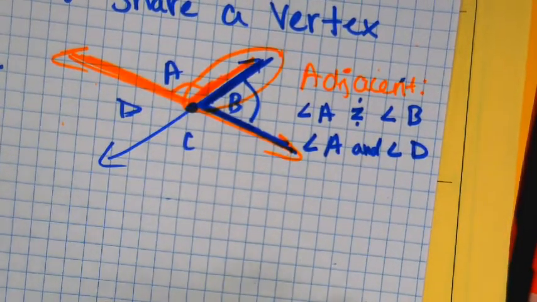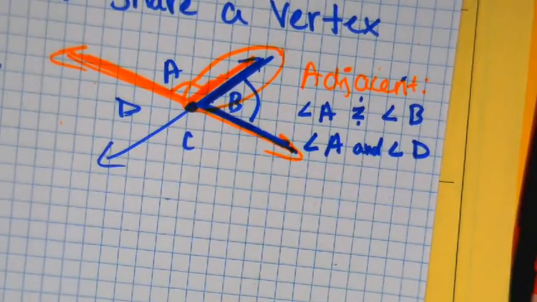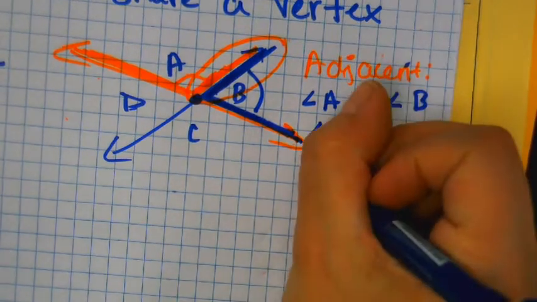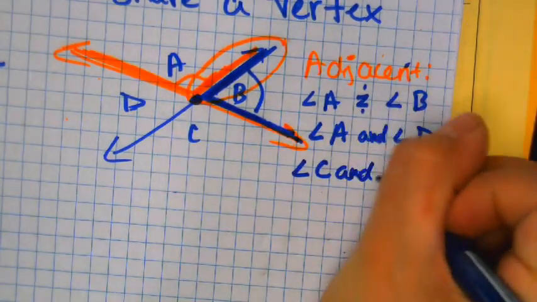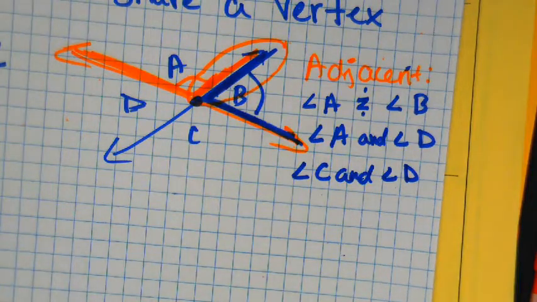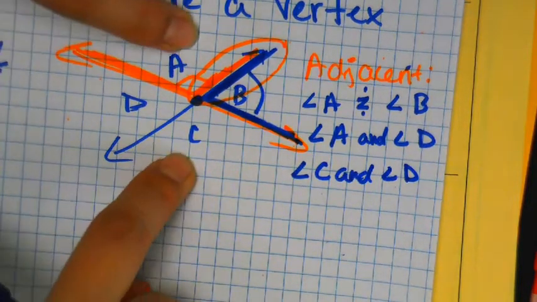Okay, what other angles? There's two more. Actually, there's way more. Which two angles are adjacent to each other? Angle C and angle D. What else? C and A. These two are next to each other?